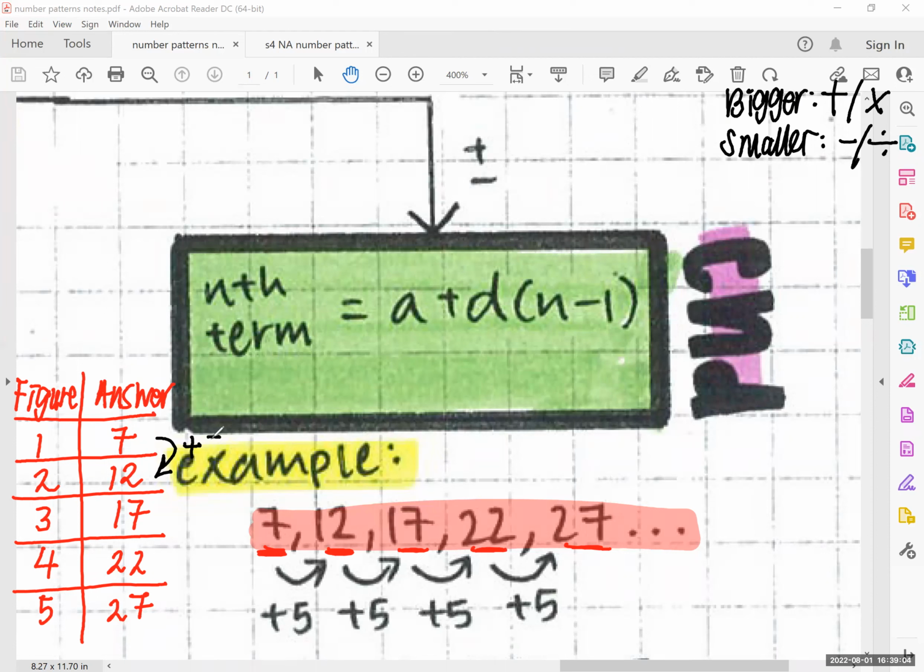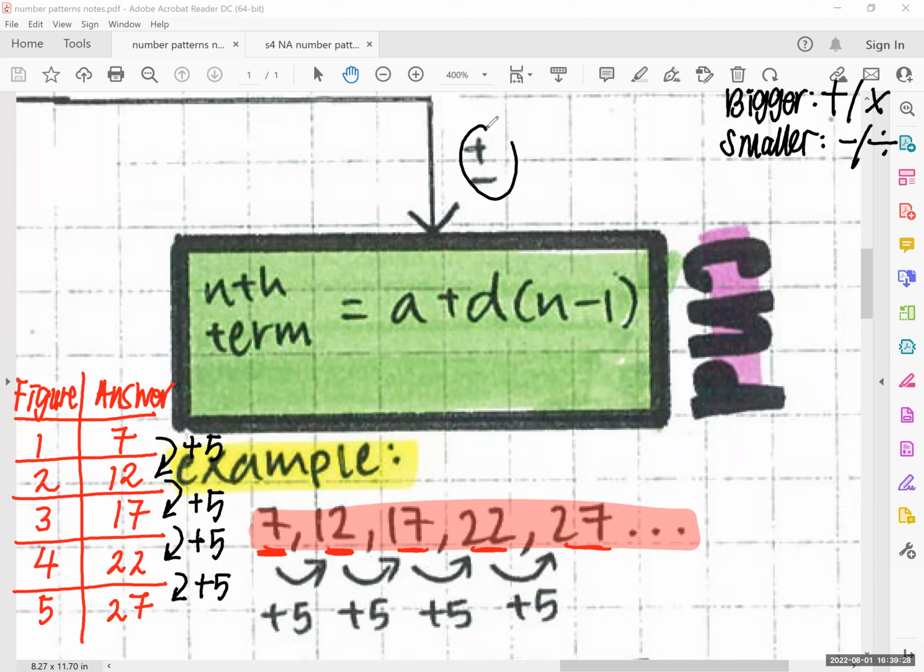Let's see whether the next one is also like that. 12 to 17, plus 5. 17 to 22, plus 5. 22 to 27, plus 5. Perfect. Can you see here?